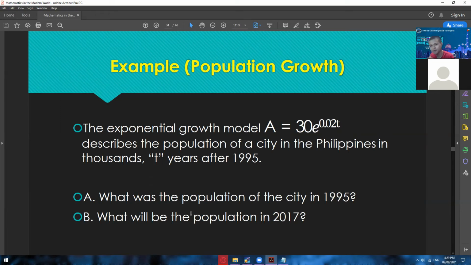You must have your scratch paper in front of you, and then solve it one by one just by substituting the value of e and the value of P. The only thing that will change here is the value of t, since everything else is already given. The current year is 1995, and we are trying to solve the population in 2017, so after how many years? After 22 years.